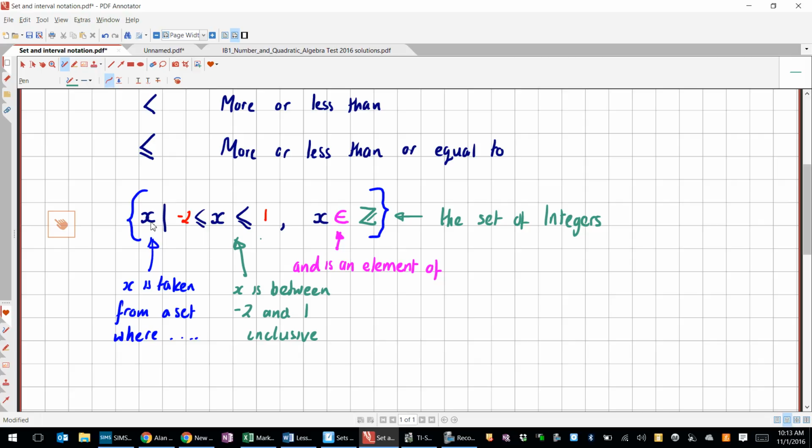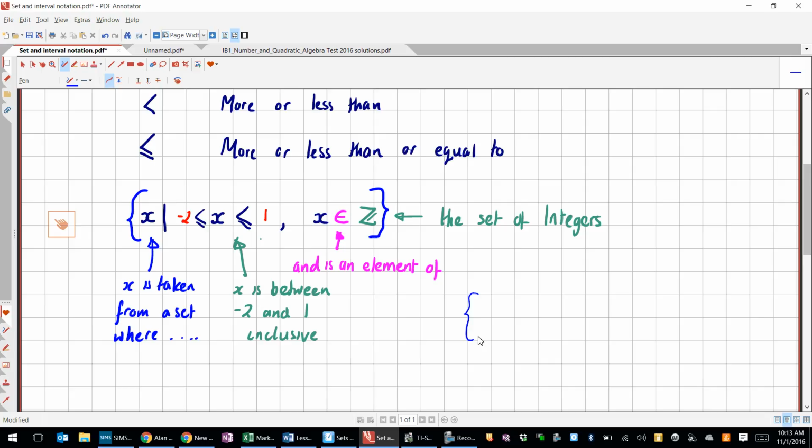Okay. Now what we can do, and you can maybe write this under the space as well, we can actually be more specific now with which numbers I can use. So if I say X has to be integers between -2 and 1, which integers are those? Do you know what integers are? Whole numbers, yeah?